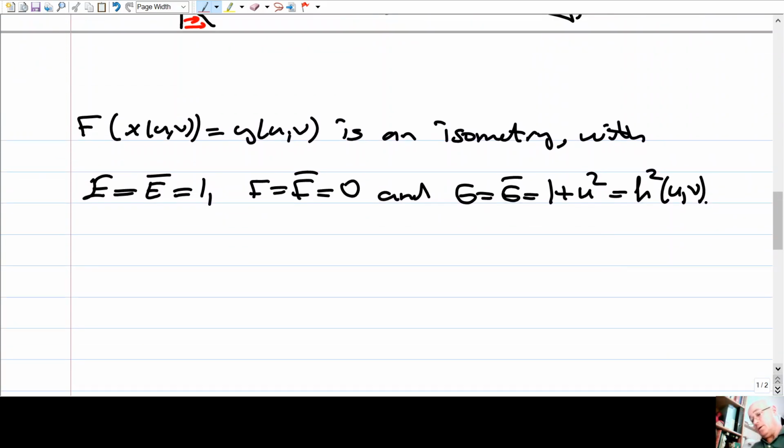Okay, and finally I have another definition. I will finish with this definition.